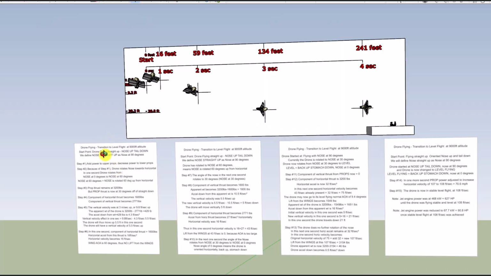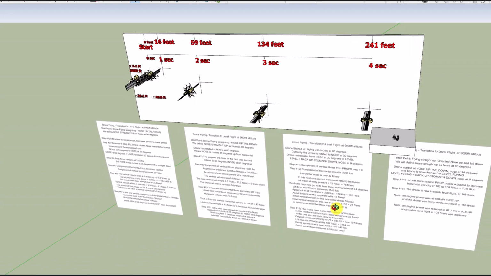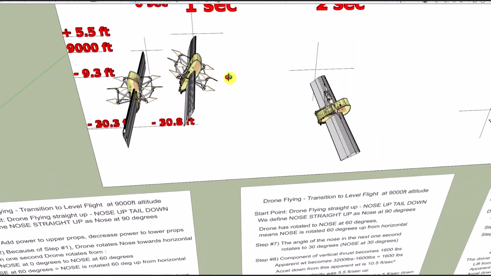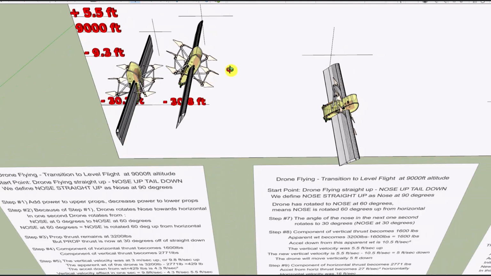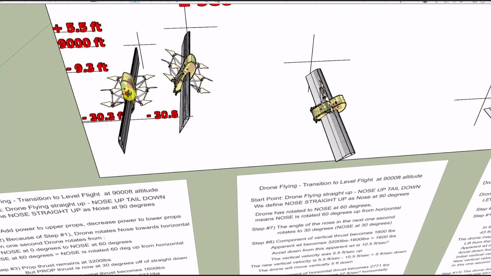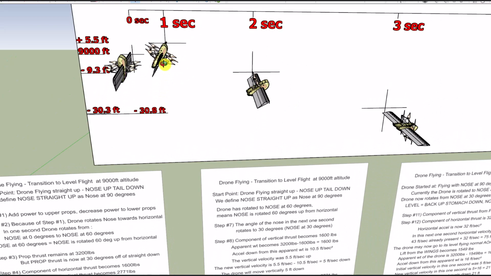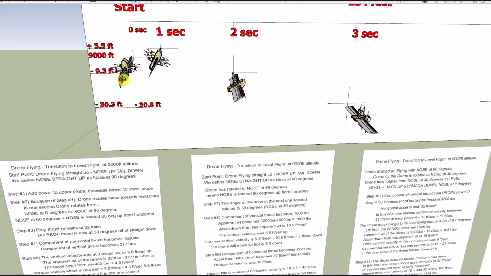And we have a math discussion here where we demonstrated that this drone has the ability to bring itself into what we call fixed wing flying, where it was being pulled straight up into the air by its propellers, and it started to add power to these propellers and back these off, so that would tend to turn it. And as it continues to back the power down here and increase the power there, it will roll itself over.